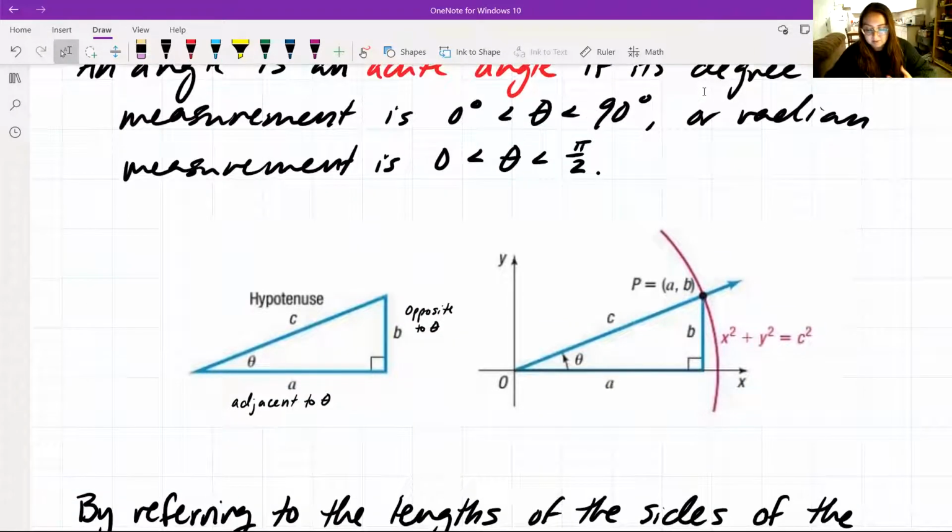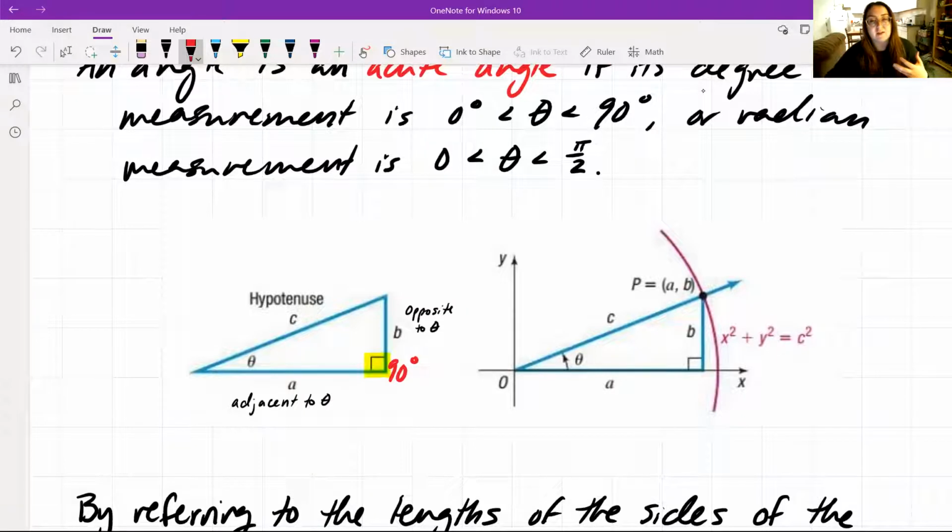So if we look at our image here, we see we have a triangle. It has our right angle right there. That's usually what we interpret when we write a square there in the corner of those two lines. That's our right angle. That's always going to be 90 degrees. So we have our triangle.